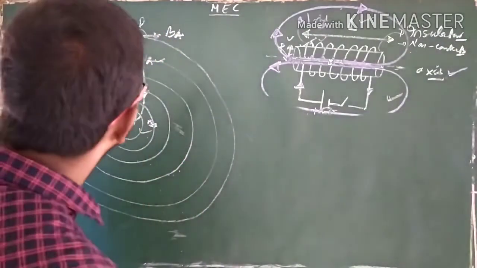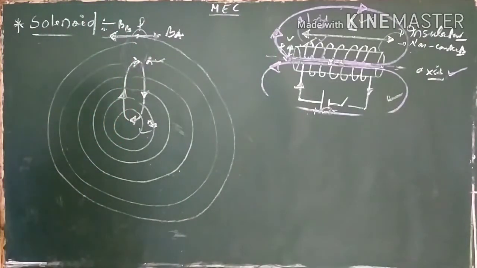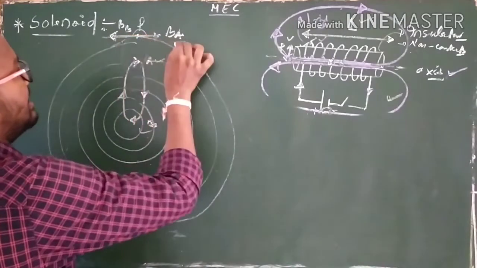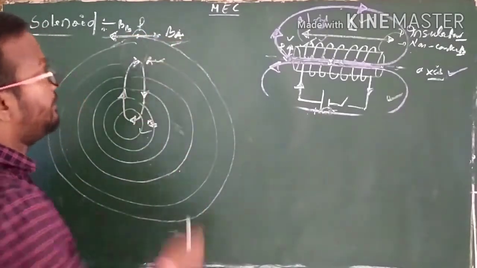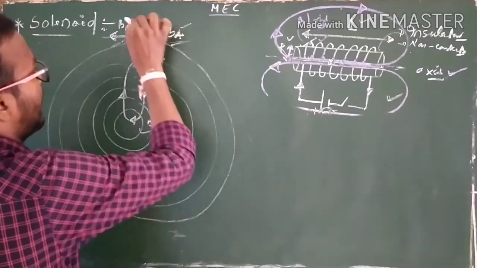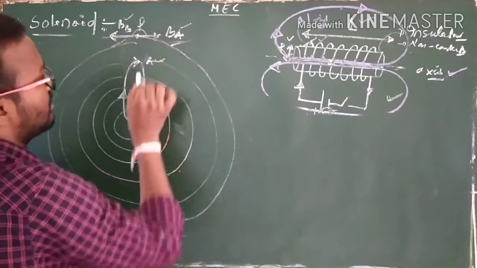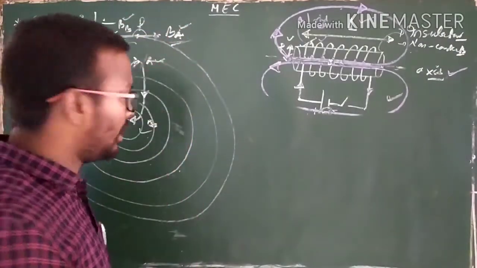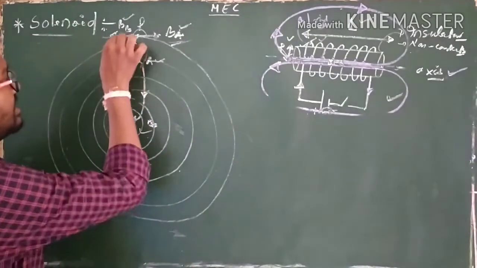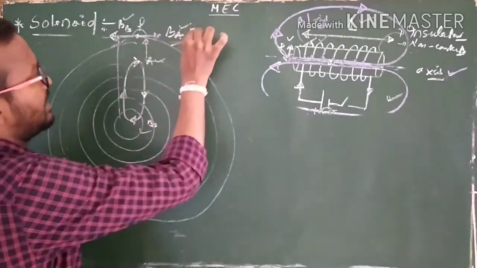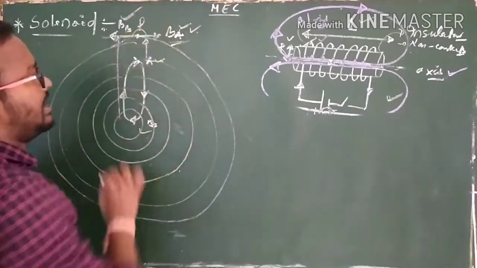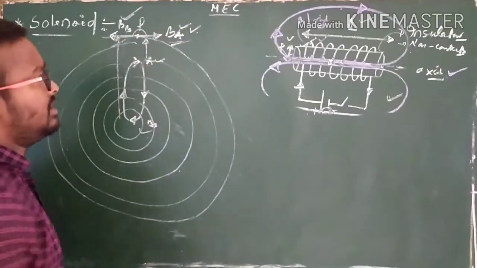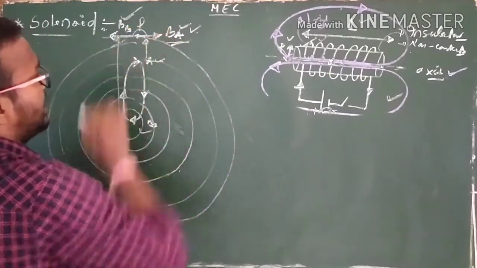If we use the vector law, then these magnetic fields cancel if their magnitudes are equal, because they are opposite to each other. Their magnitudes cannot be equal, because this is a large distance and this is a small distance, so this magnetic field is large compared to the other, but they can cancel some of their magnitude. Clear?